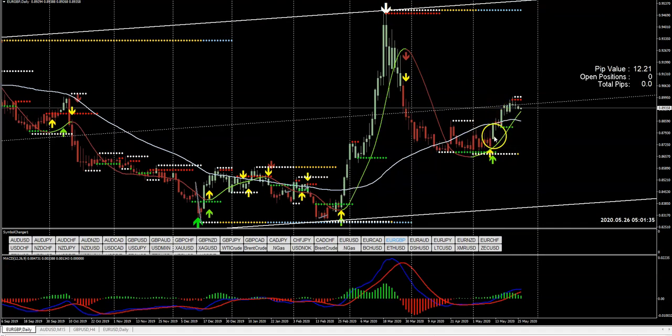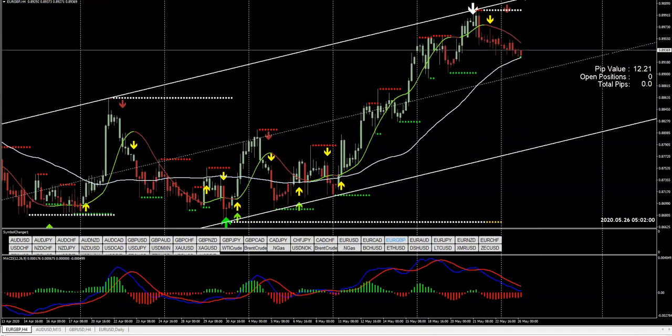And even though we're pulling back at this moment, I'm going to wait to see if I can get an entry on this pair. What I would need to see is a clear indication that the market is going to go short, which would be in the direction of the overall trend. That's important.